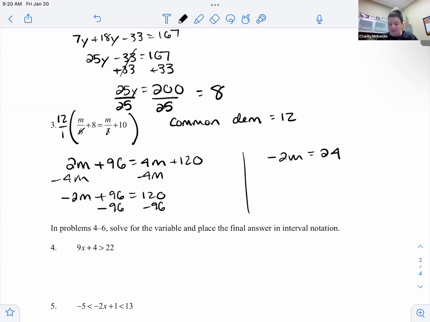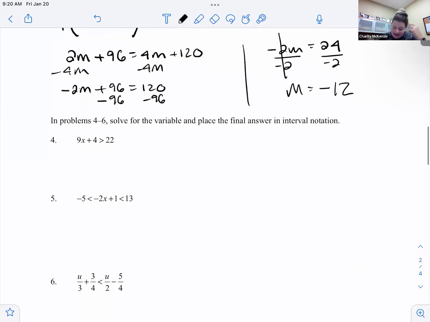That's positive. Okay, so positive 24. Now we have to divide by the negative 2. Divide by the negative 2. This one goes to 1 because 1m equals what? Negative 12. Okay, and we could go put that back where the m is and double check that solution.